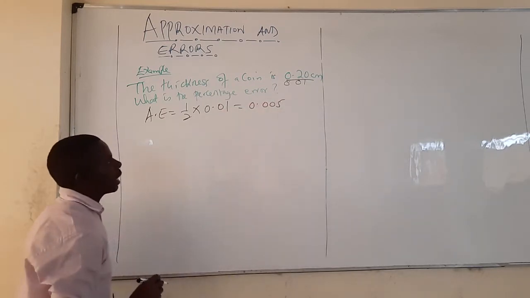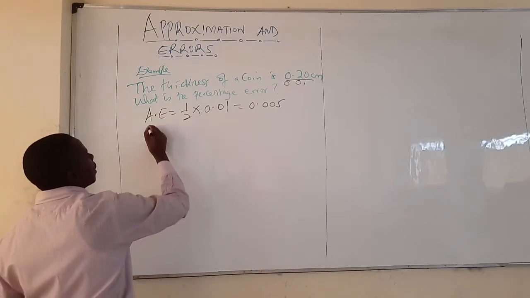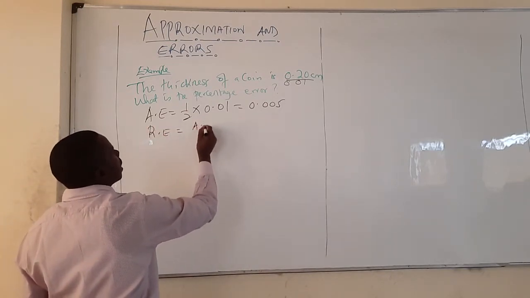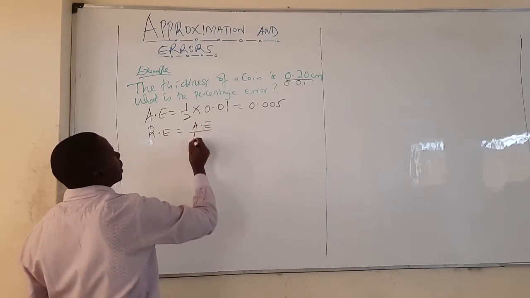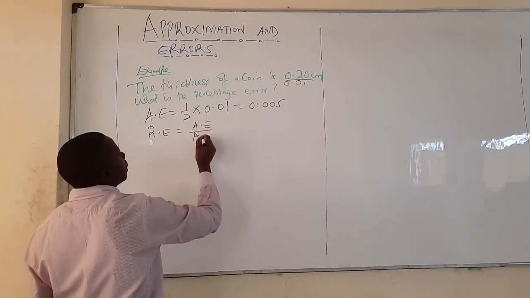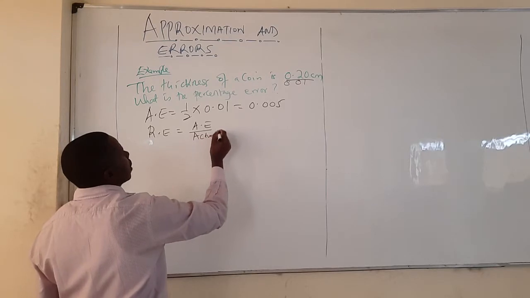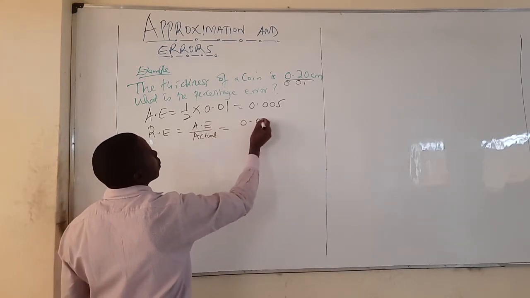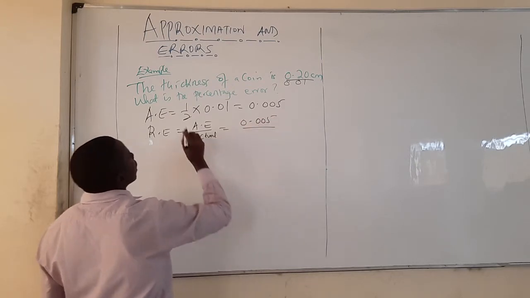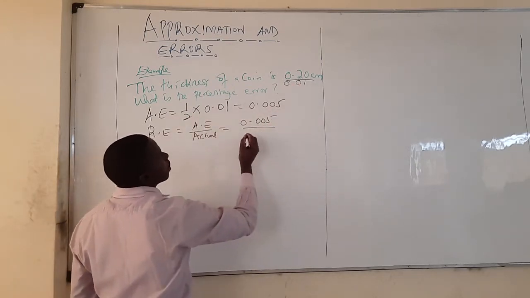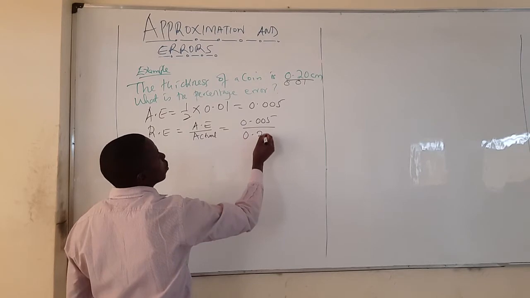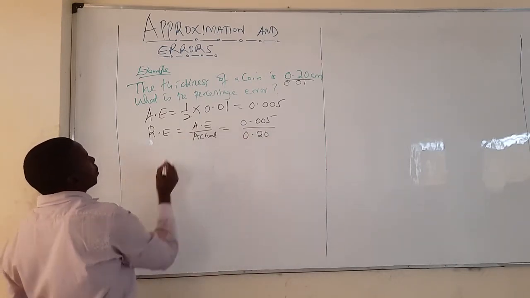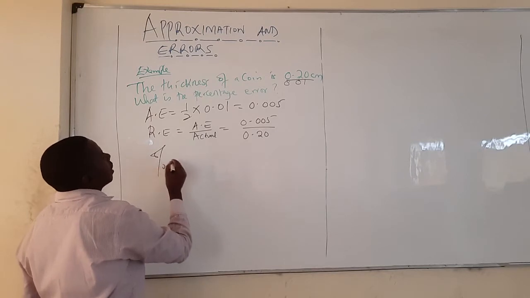That's the absolute error. Then we have the relative error, which is given by the absolute error divided by the actual measure. In our case, we have 0.005 divided by the actual measurement, which is 0.20. And then we want to get the percentage error.